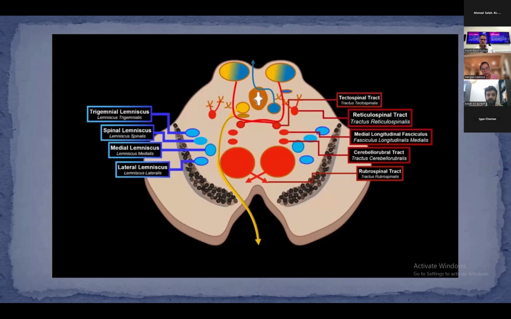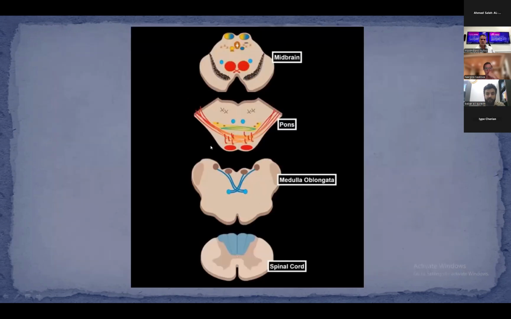And when we discuss the ascending tracts, here in the blue areas, these represent the important ascending tracts. Starting with the medial lemniscus, if I can show another picture. Okay, so this is the actual formation of the medial lemniscus.